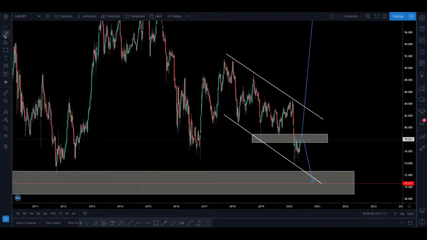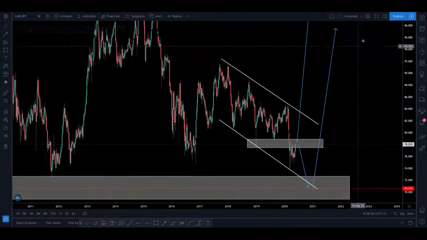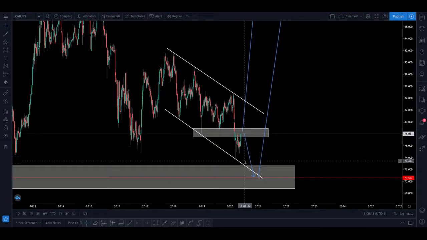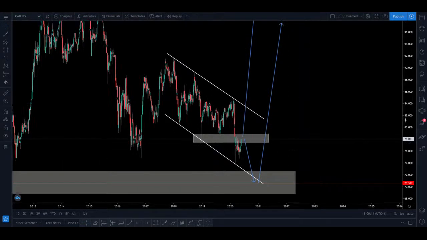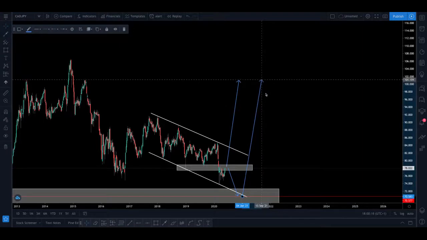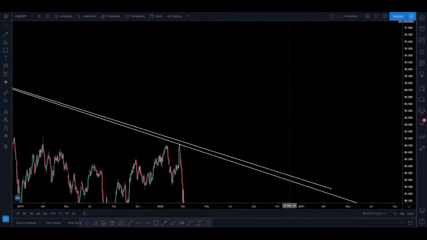And from here we could see a bullish CADJPY, so a bullish Canadian dollar. And one thing you might notice is this zone coincides with the bottom of the descending channel. So that'll be interesting if we do see price head back down to this channel. And overall, I'm still targeting these highs. So now we're finally ready to head down to the daily chart and identify structure.